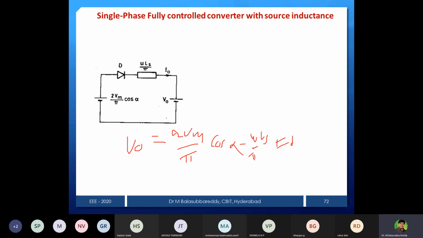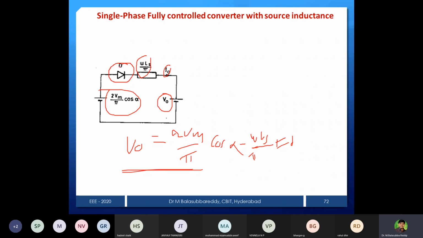So this expression I represented diagrammatically. I want V out, how can I write V out? Just KVL. V out is equal to 2 Vm by pi into cos alpha minus omega Ls by pi into Id or I naught. That is the expression. Same thing I represented in the circuit fashion.